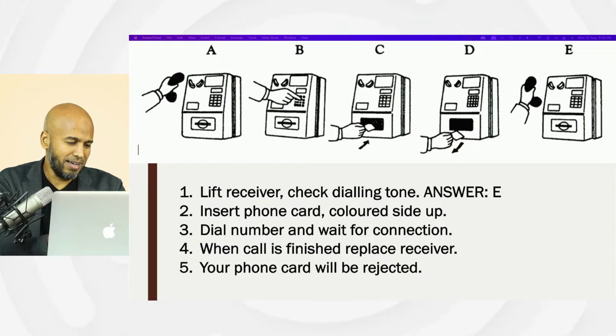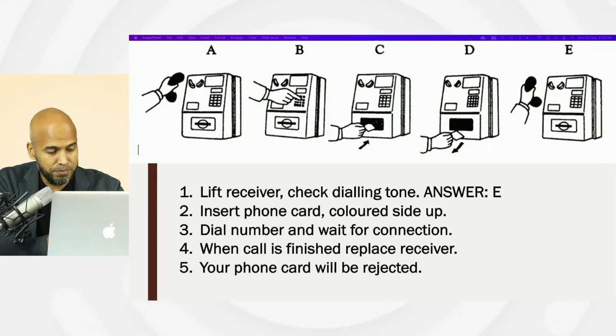I think it should be B, because E has been given already. So image B shows that someone is dialing the numbers and waiting for connection. So how about number 4?